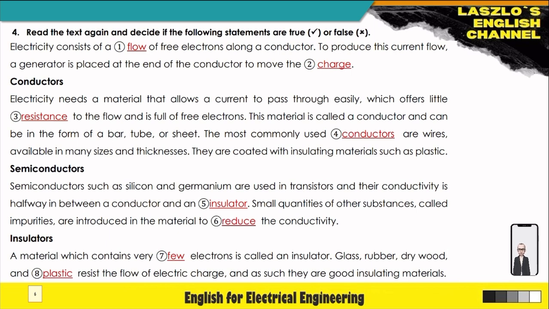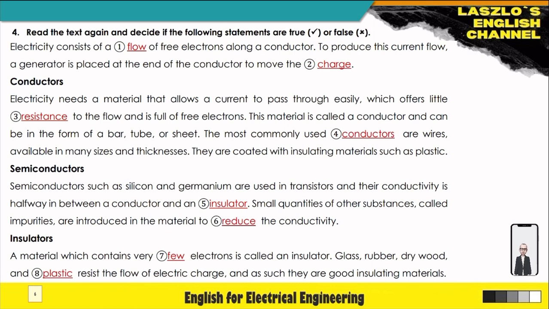This material is called a conductor and can be in the form of a bar, tube, or sheet. The most commonly used conductors are wires, available in many sizes and thicknesses. They are coated with insulating materials such as plastic.